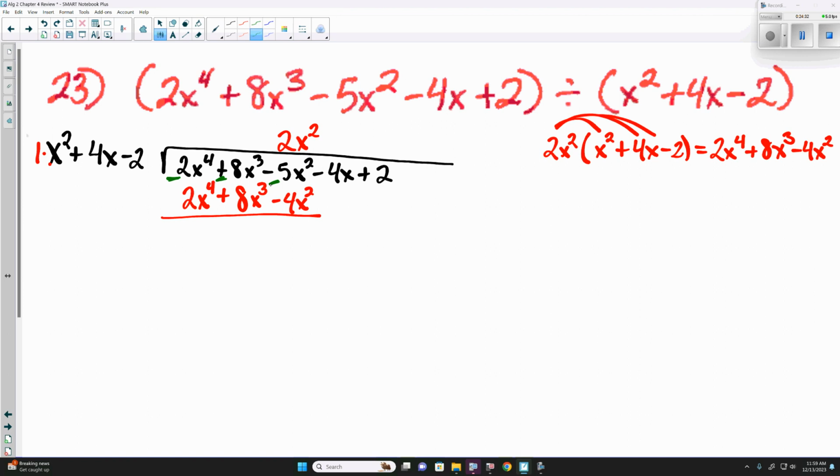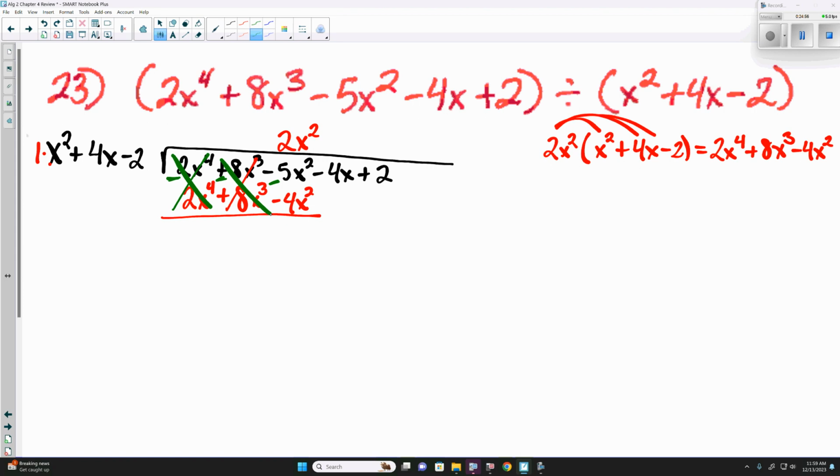Now at this point here, we subtract. And the first one we're subtracting is 2x to the fourth minus 2x to the fourth. At this point here, these two cancel. Then we do our next one, negative x to the third, or 8x to the third minus 8x to the third. Incidentally, that also becomes 0.